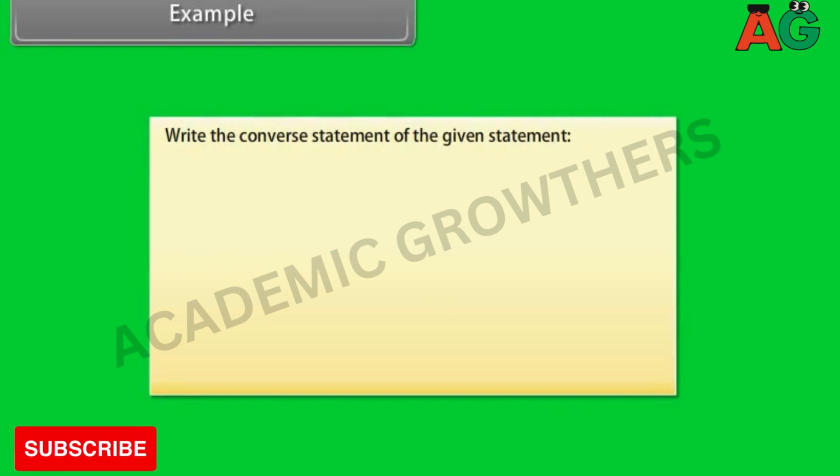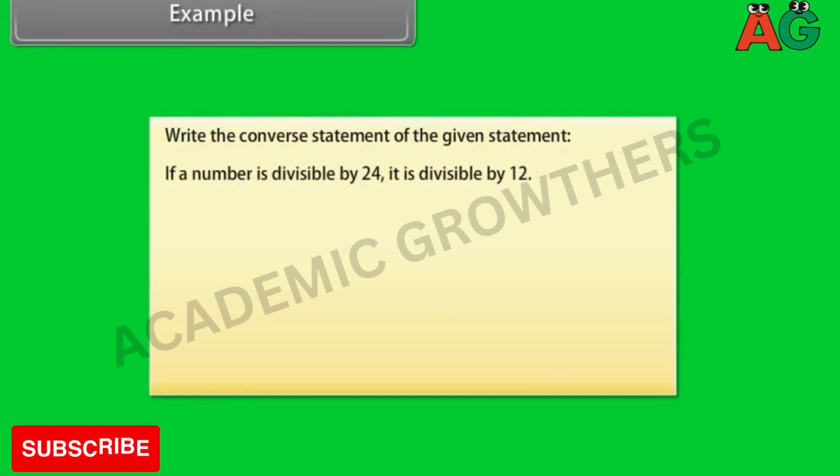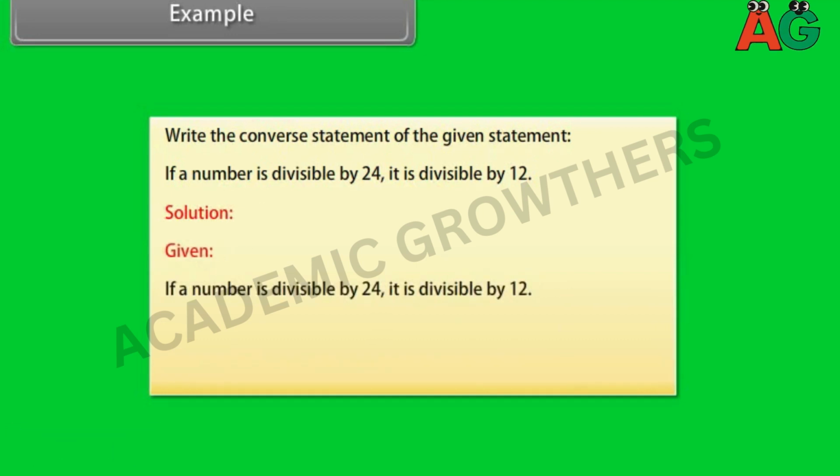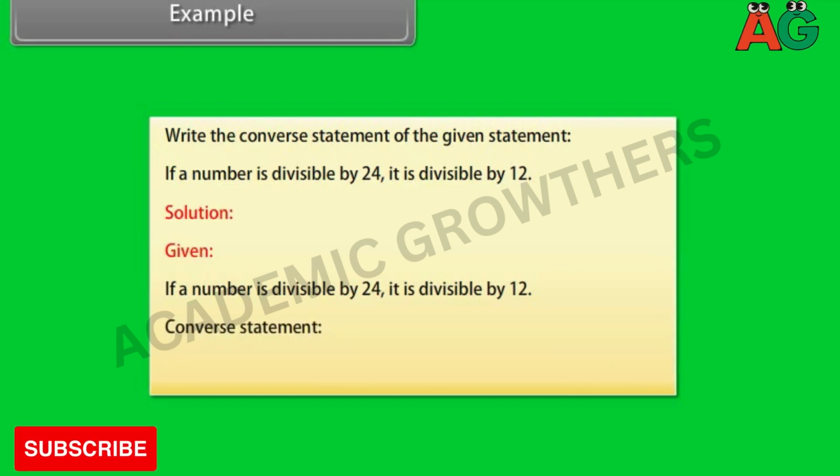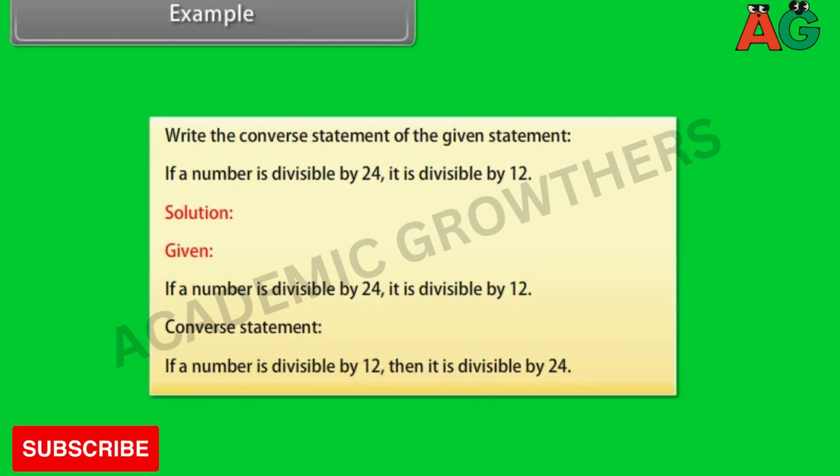Write the converse statement of the given statement. If a number is divisible by 24, it is divisible by 12. Solution. Converse statement: if a number is divisible by 12, then it is divisible by 24.